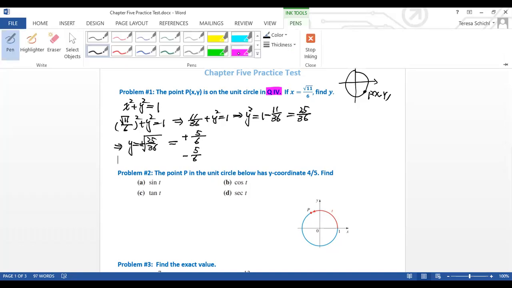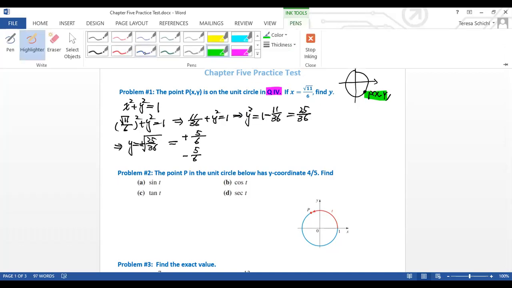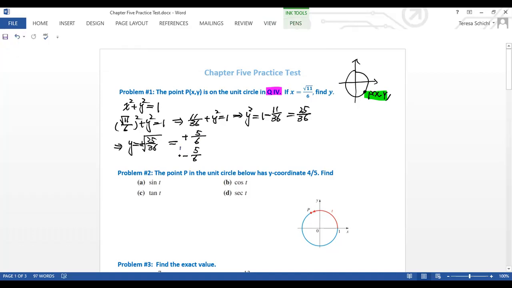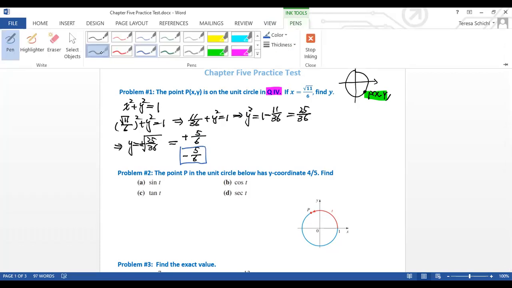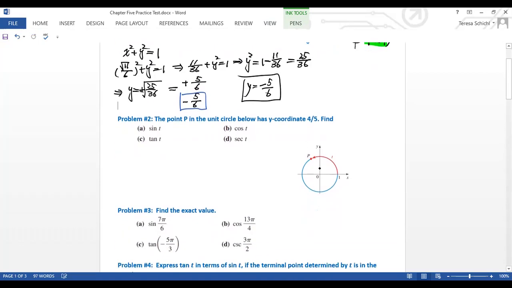Because this point is in quadrant number 4, what is my y value? Y has to be negative, right? So that is my answer here. My y value here is negative 5 over 6. Okay, now the next problem is here.